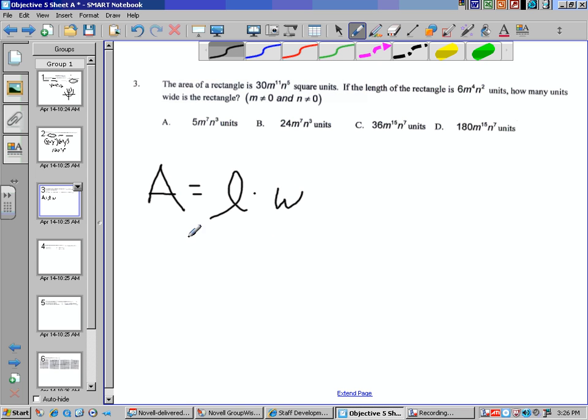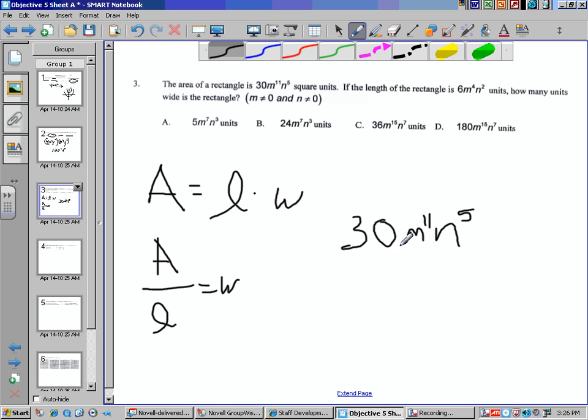So if I have the area and I have the length, I'm going to take the area divided by the length to get the width. So I'm going to take 30 m to the 11th n to the 5th divided by 6 m to the 4th n to the 2nd power.